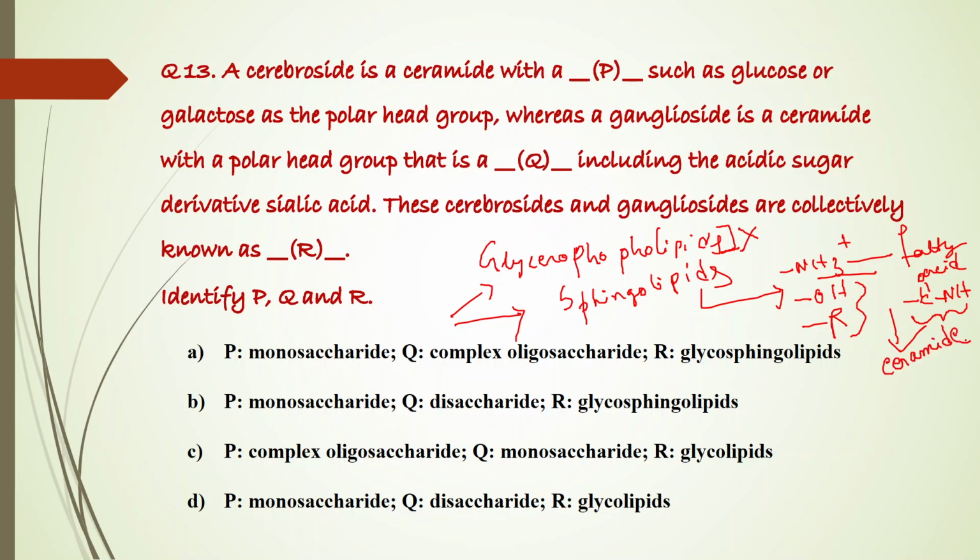Fine. Now what will be the next classification? So we have come up to ceramide. Now we can see there is still another group free in case of sphingosine, that is this particular OH group. Now this OH group can be attached with a sugar molecule.